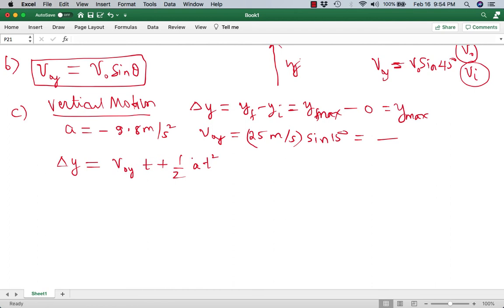However, we do not have time given. That means we may not be able to use this formula, because we know this one, we know that one, but without t we cannot find that. So we don't want to use that.